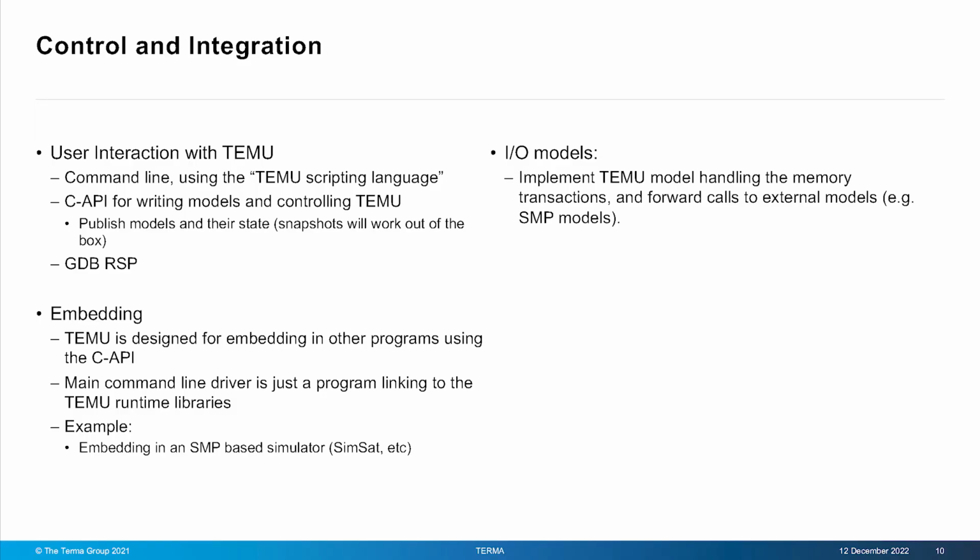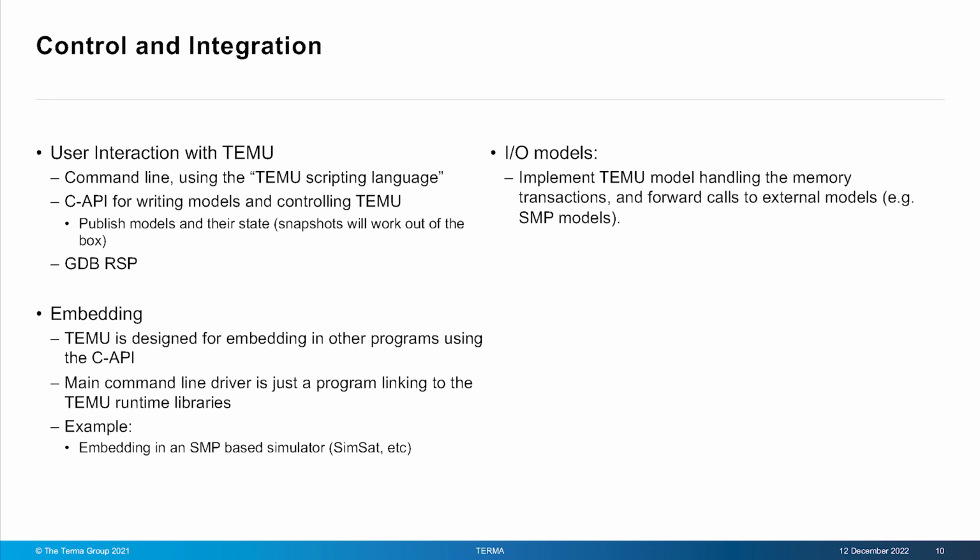So the command line is just using the APIs that we have publicly exposed. People are embedding this in software validation facilities, like running in SimSat or Eurosim and so on. But we can also just run TEMU if we want to.